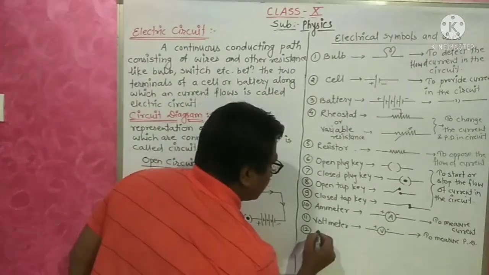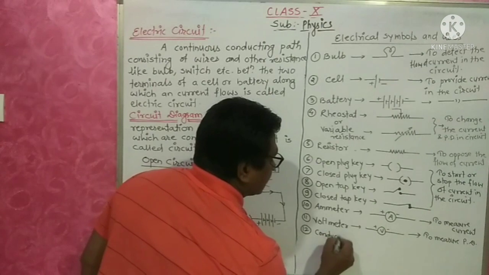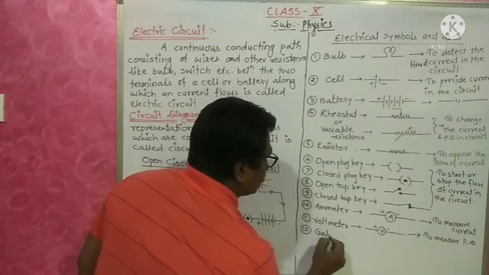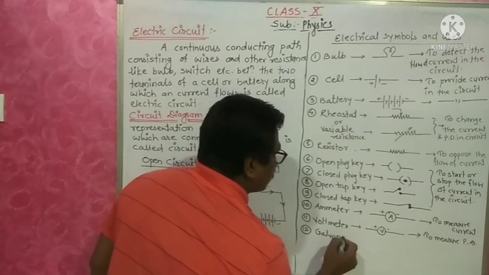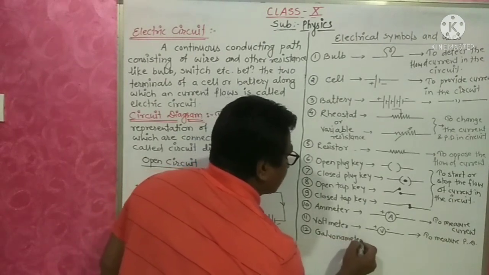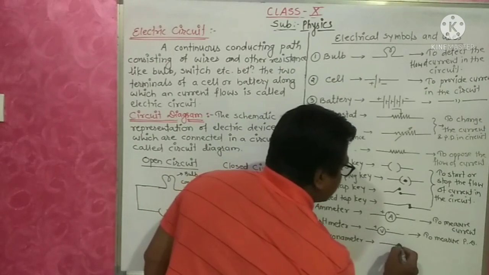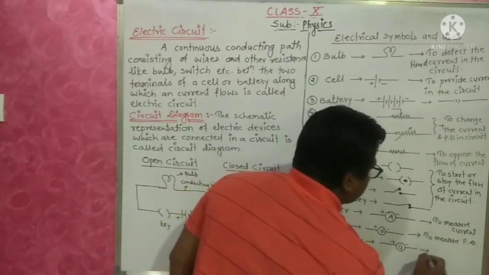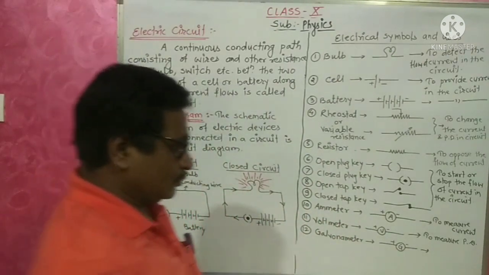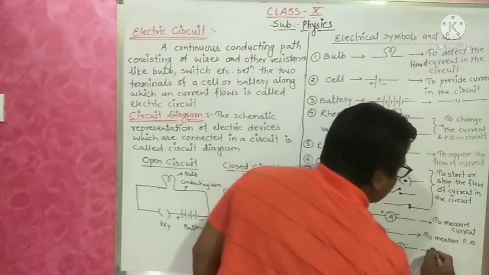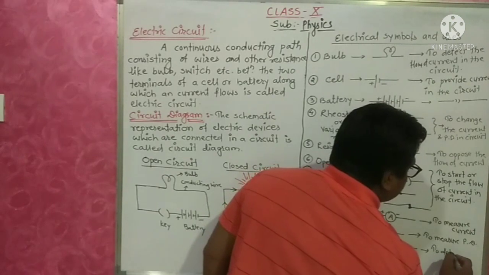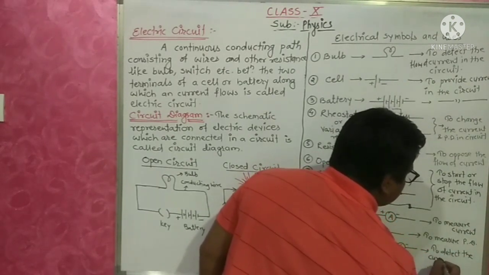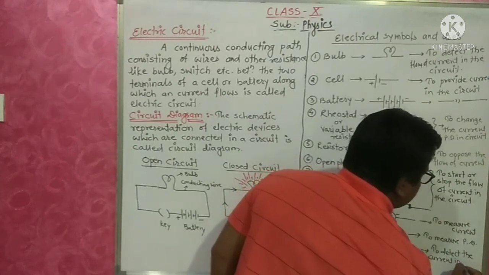Next, there is the conducting wire, galvanometer. Galvanometer, G. So galvanometer is used to detect the current in the circuit.